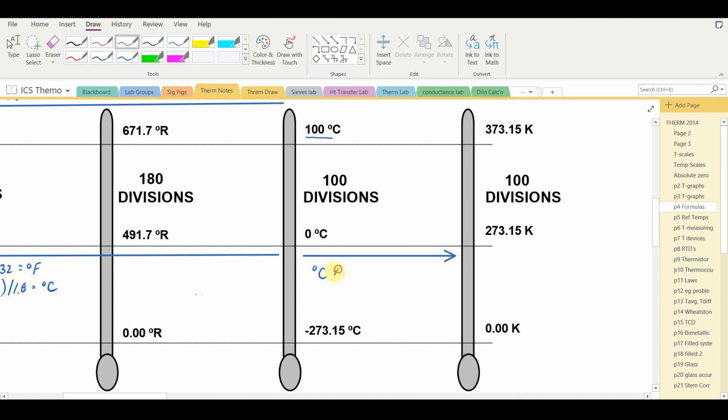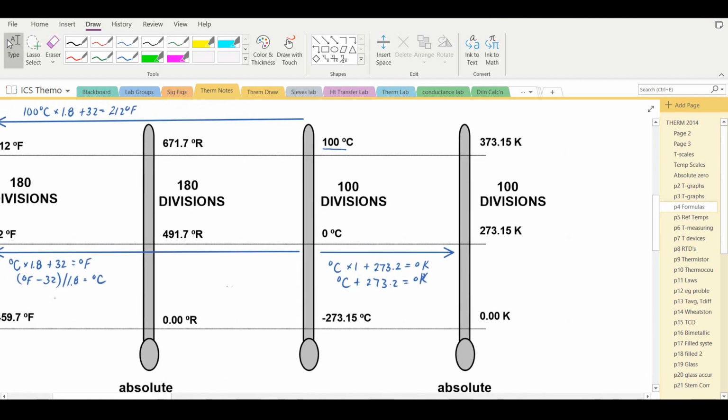I'll put it in here, but it's kind of redundant. So 0 times 1 is 0, and then we have to add or subtract an offset. In order for 0 to become 273, we have to add 273.2, and that'll give us degrees Kelvin, which we kind of already knew. So I would simply write this as degrees C plus 273.2 equals degrees Kelvin. Okay, that was easy, but I wanted you to see the formula.